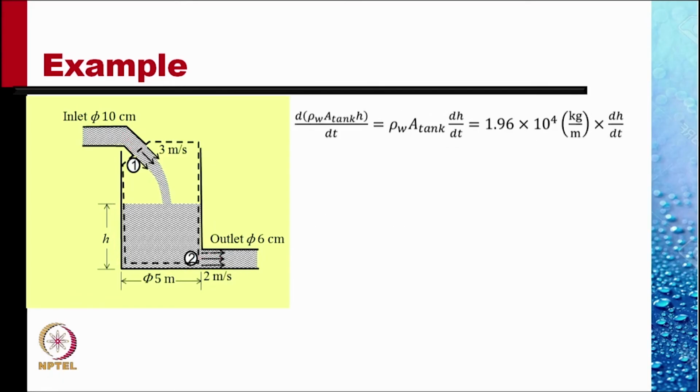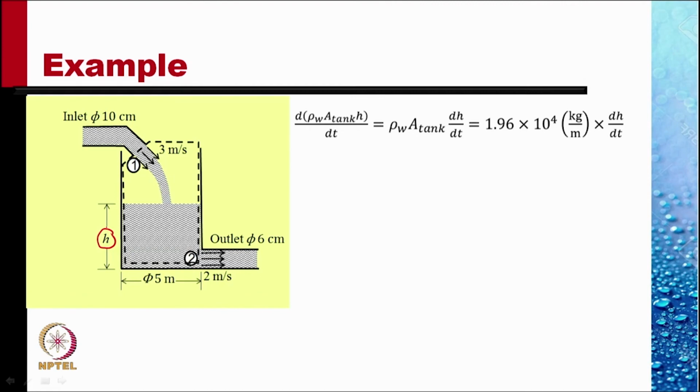So if we apply the mass balance equation, the first term is rate of accumulation of mass, which is the rate at which mass of water contained within the control volume changes. The mass of water within the control volume is rho W, the density of water, times the cross-sectional area A of the tank and the height h up to which the water is stored in the tank.